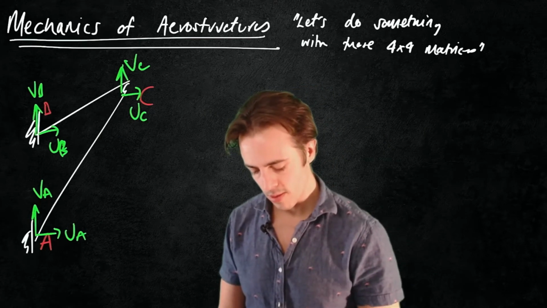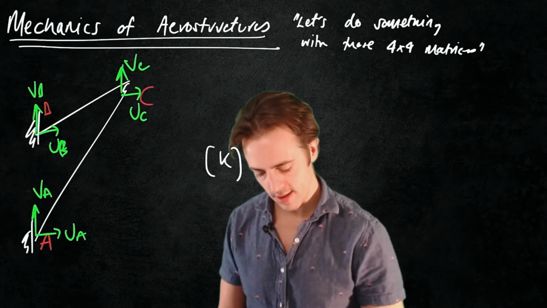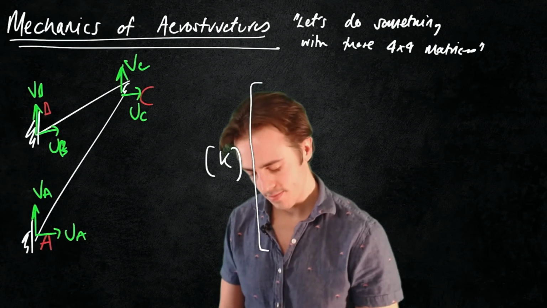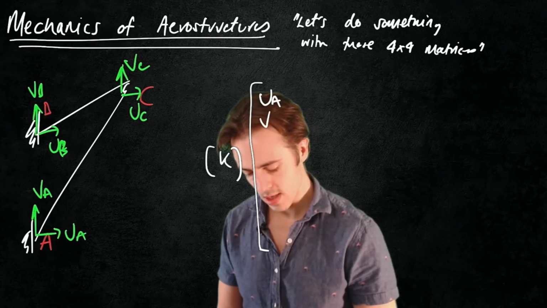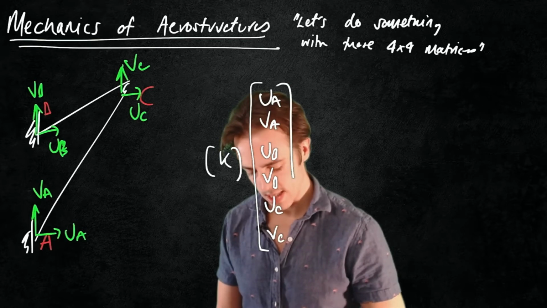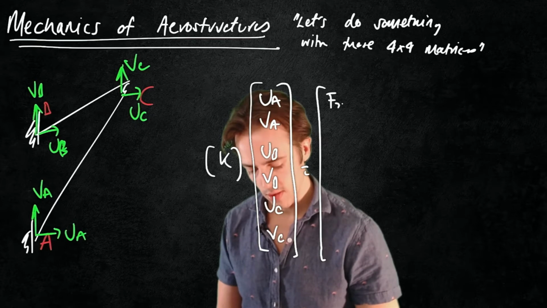So our global problem was a 6x6 matrix multiplied by a 6x1 vector: UA, VA, UB, VB, UC, and VC, and that was then equal to the forces present upon each of those nodes.